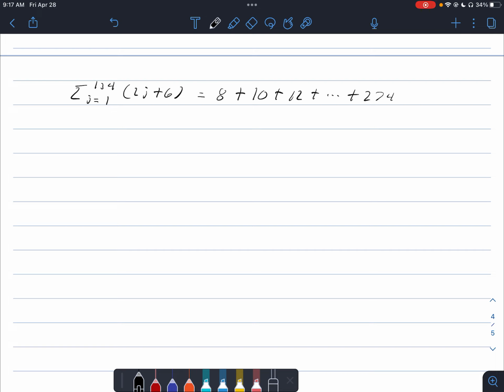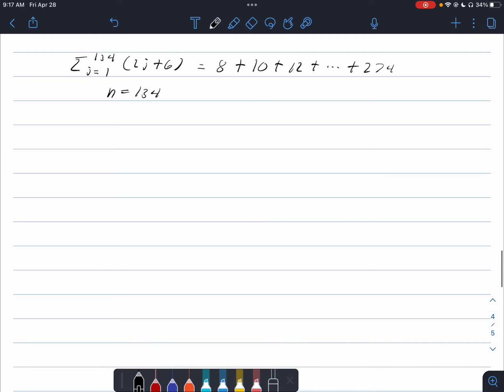The nice part about this is that it actually tells you your n value. So here we know that there are 134 terms. I prefer sigma notation because if it's given to you in that way, you know how many terms there are, and you know the first term and the last term if you plug in j equals 1 and j equals 134. So we can now solve the sum.